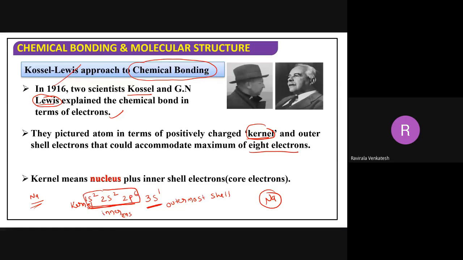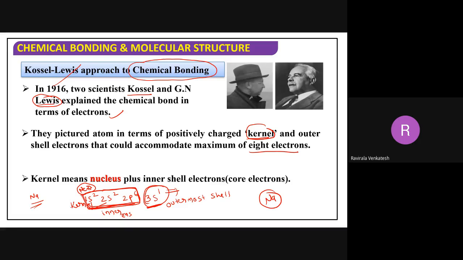Because 1s2, 2s2, 2p6 is the neon configuration, a stable octet or inert gas configuration. Which electron will participate in the chemical bond? The 3s1 electron. So the inner shell electrons, the core electrons, are what is called the kernel.